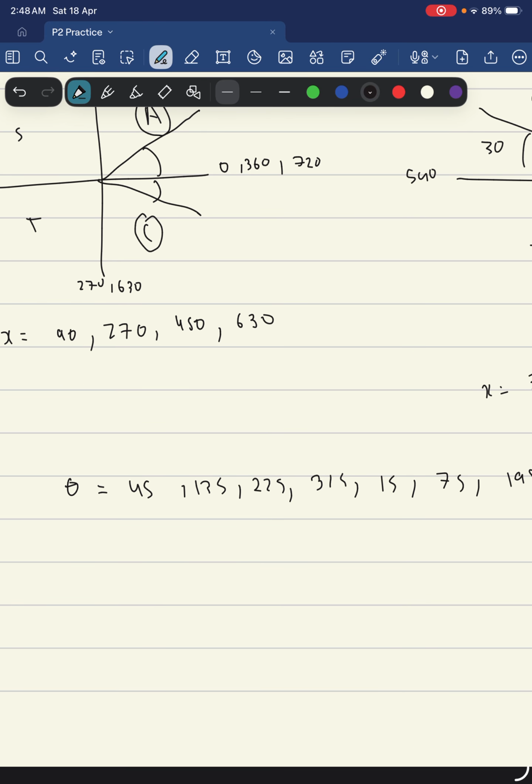So you would do 45. This step is not necessary, but if you don't prefer to work in radians, you can convert to degrees and convert it back, which is absolutely fine. There's no issue in that. It's just that you waste a lot of time doing that.